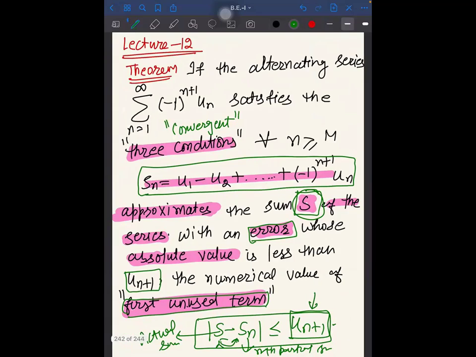So let's start the proof of that. We have a series which is already convergent, right?